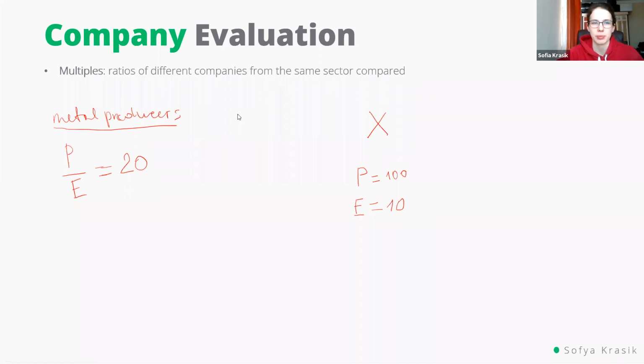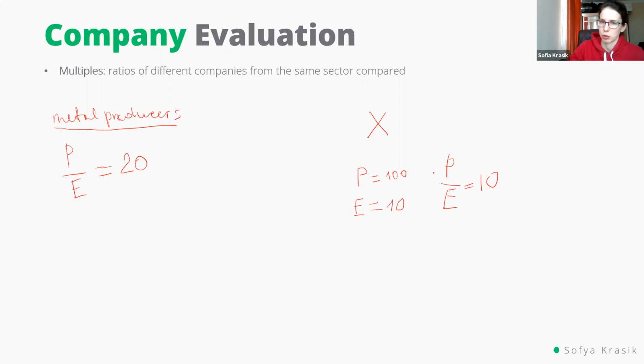Many variants in the chat. Yeah, it's definitely probably undervalued, because its price to earnings ratio is 10, and it's at least twice lower than the industry average. So we would expect it over time, long term, to come up to the industry average.